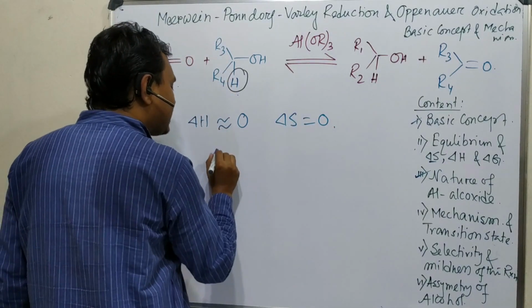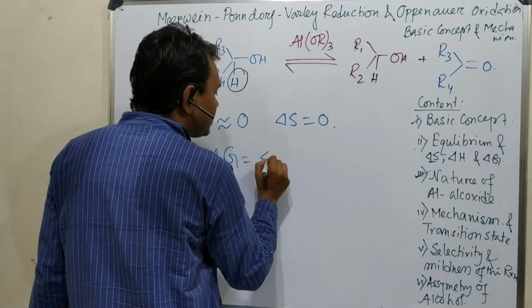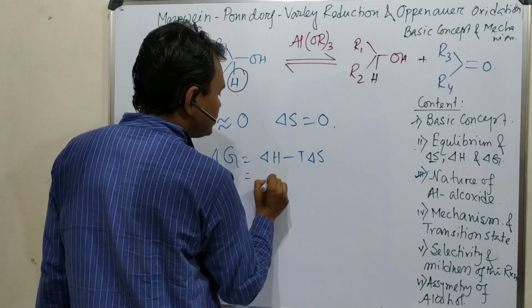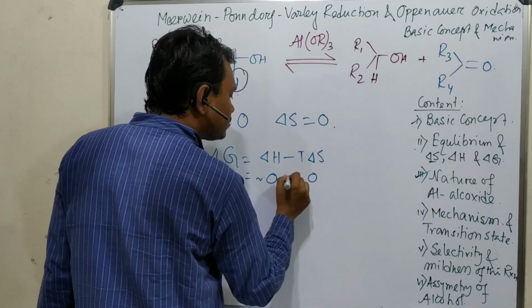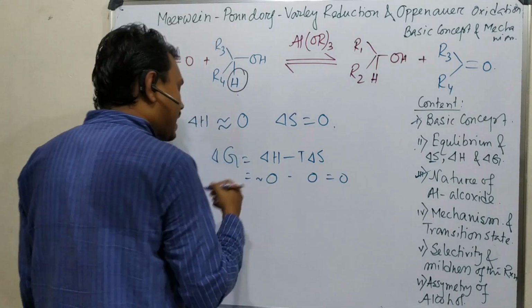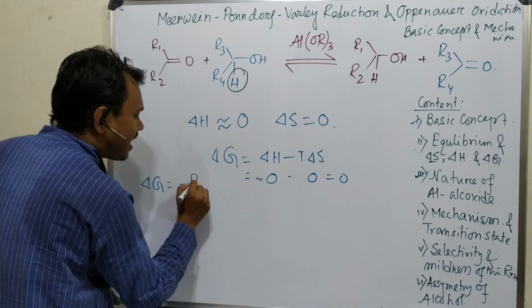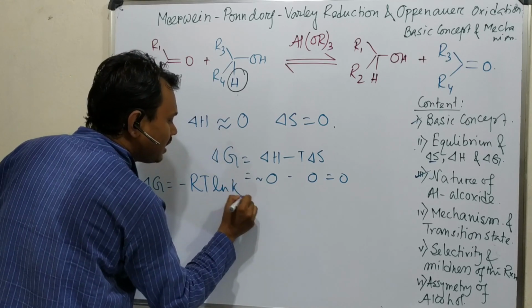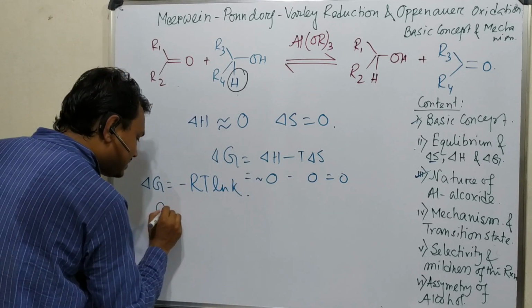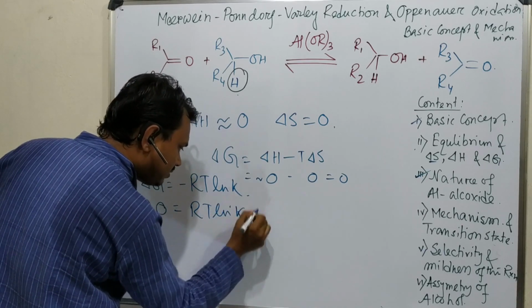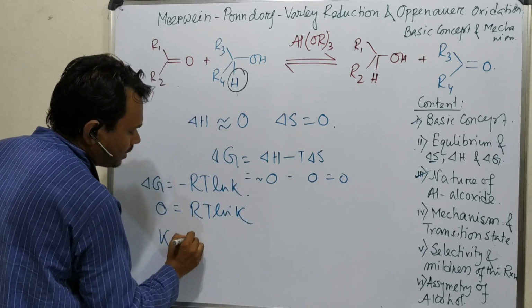We know that delta G equals delta H minus T delta S. So 0, 0, ultimately delta G is 0. Another thing we know is that delta G equals minus RT ln K. So if delta G equals 0, then K equals 1.